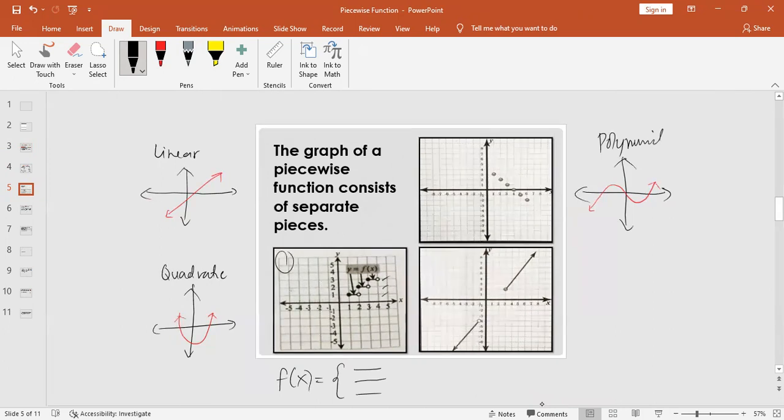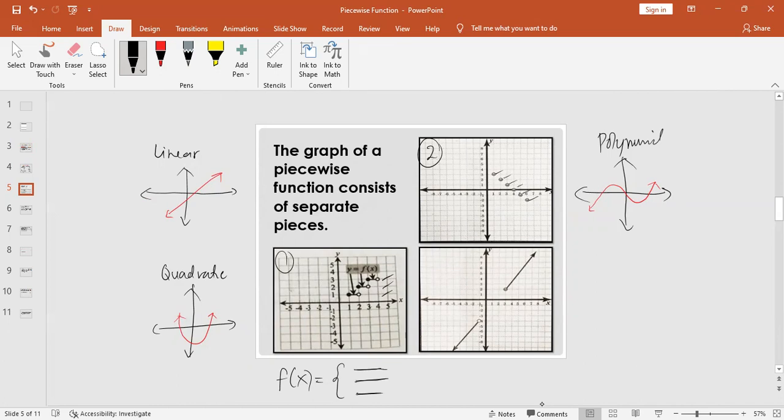So ganyan yan pag kada isang piraso ng graph, yun din yung bilang ng magiging subfunction niya. So in graph number 2, there are 1, 2, 3, 4, 5, 6 subfunctions.